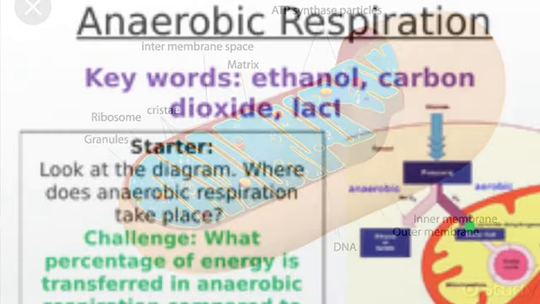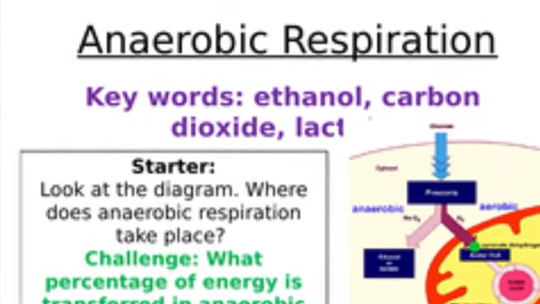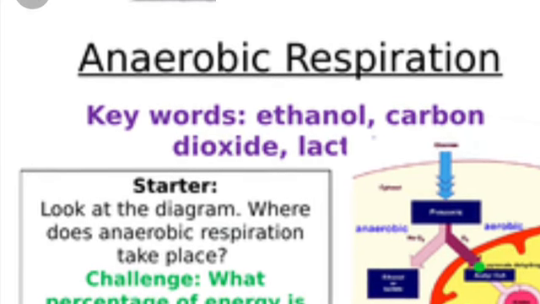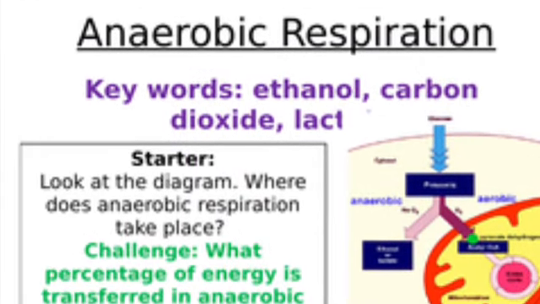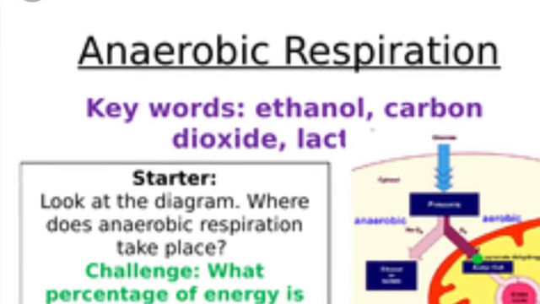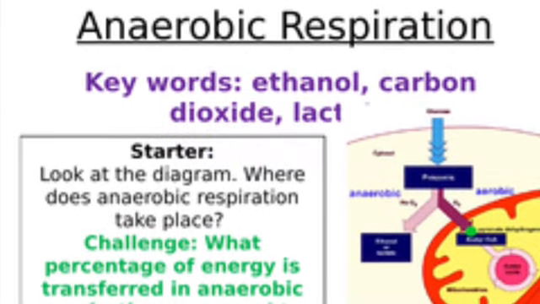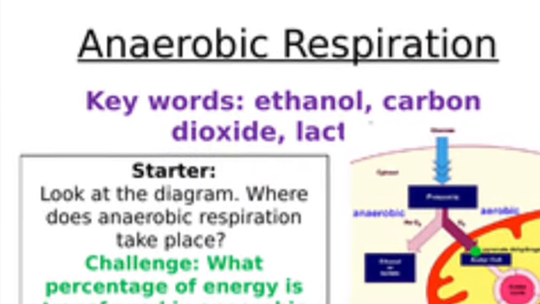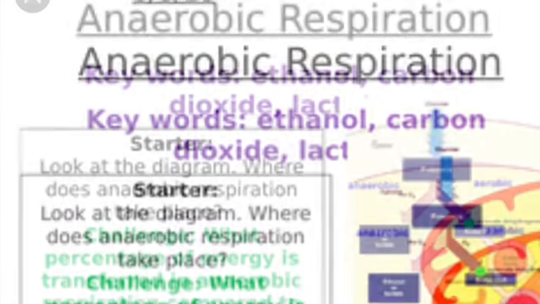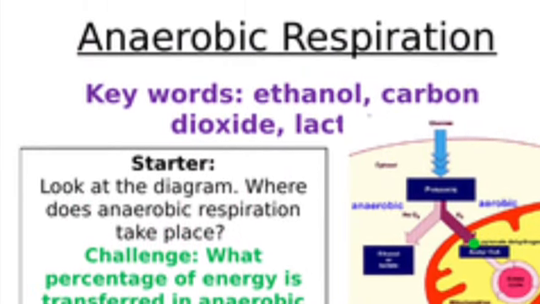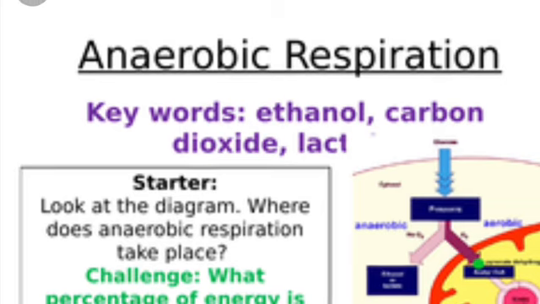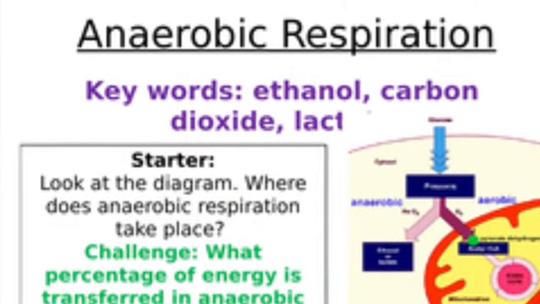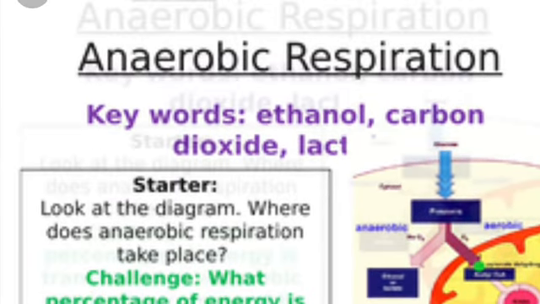cell. The other type of cellular respiration that we need to be familiar with is anaerobic respiration. Anaerobic respiration always happens in the cytoplasm, and you're not going to get that much energy out of it. It's going to be the least efficient way to get energy, and you're going to get about 2 ATPs out of that process.